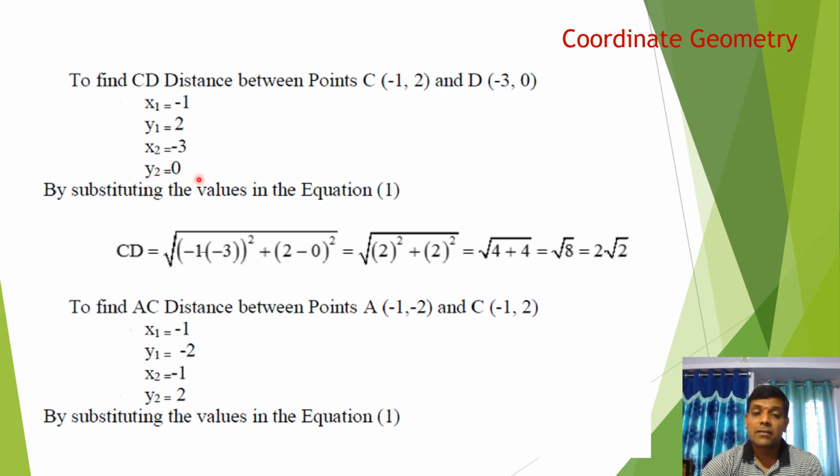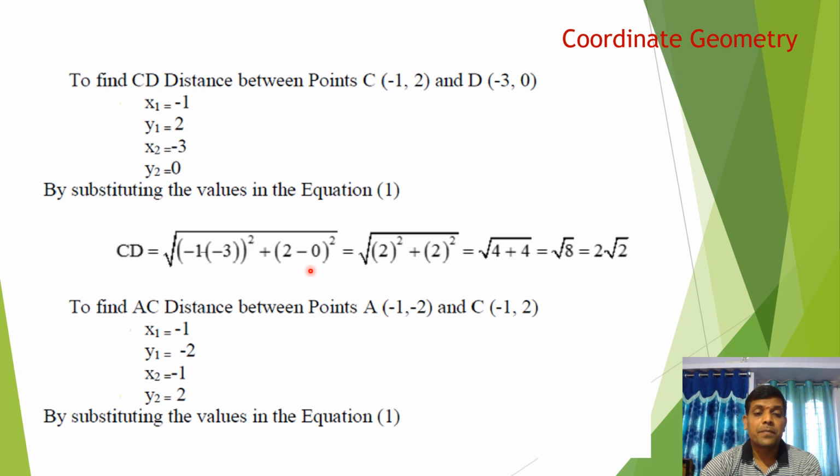We know that the distance formula is square root of x1 minus x2 whole square plus y1 minus y2 whole square. Now CD equals square root of x1 minus x2 or x2 minus x1, these two are the same. So x1 minus x2: minus 1 minus into minus 3 whole square plus y1 minus y2: 2 minus 0 whole square.